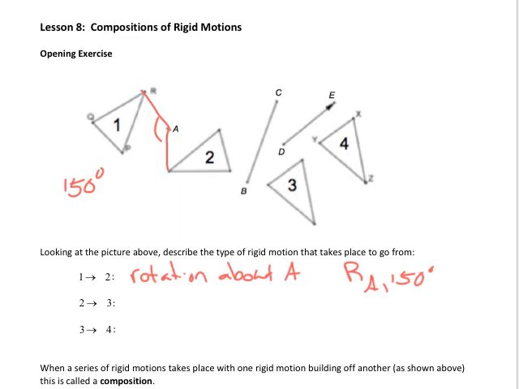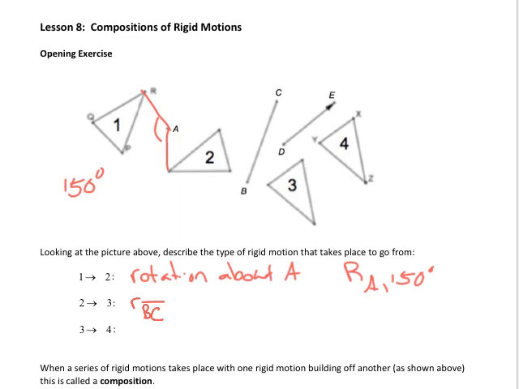Then, if you look, going from 2 to 3, this is a line reflection. My triangle is reflected over line CB. So the notation for that is going to be little r with the line segment. I reflected over BC.